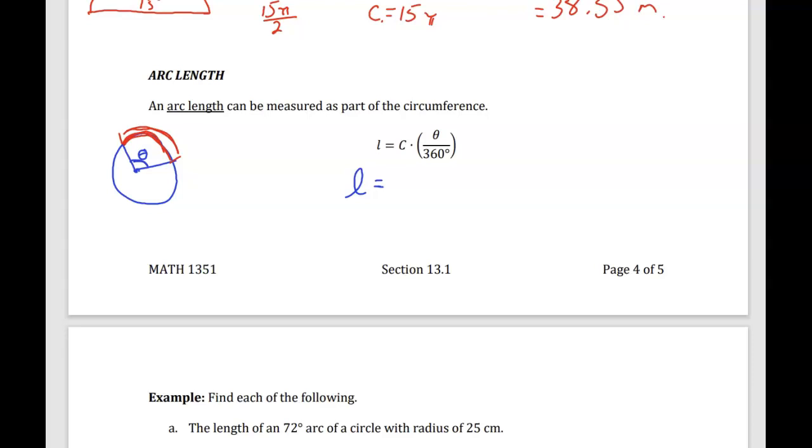So remember that circumference is pi times our diameter times our angle divided by 360. So we could look at arc length as pi times diameter times our angle all over 360 is what we're basically looking at. Okay?